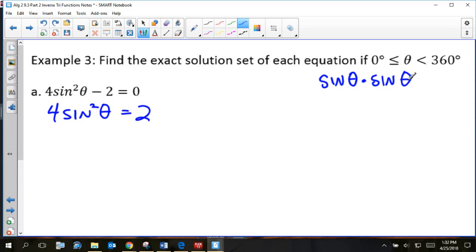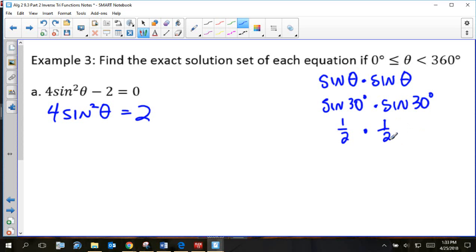Give me an example of an angle that we know the sine of. Okay, so this would be like sine of 30 degrees multiplied by sine of 30 degrees. You would find the sine of 30 degrees first, which is 1/2, and then you would multiply that by 1/2.